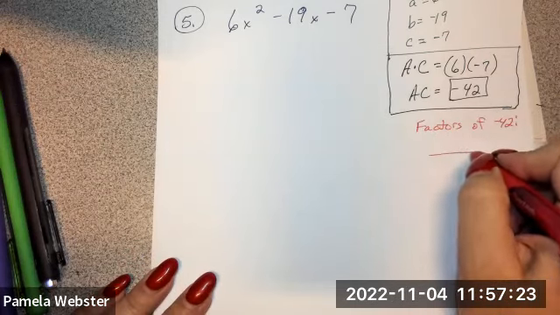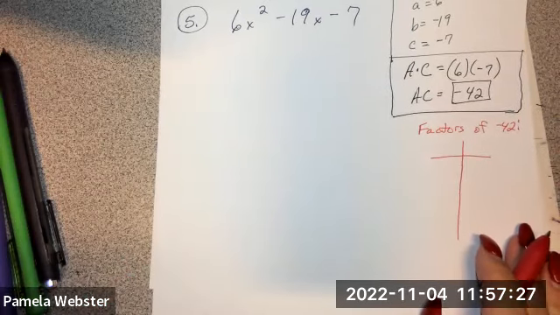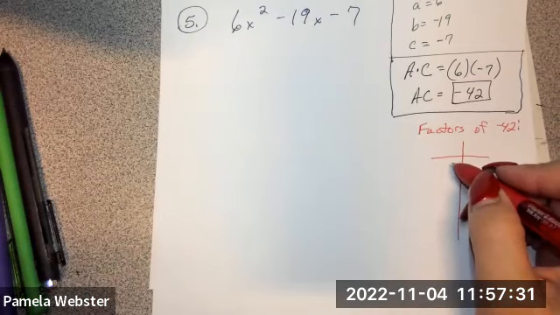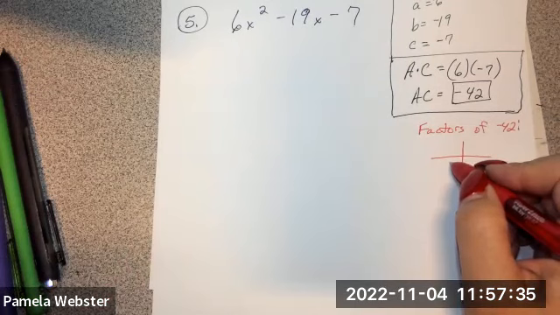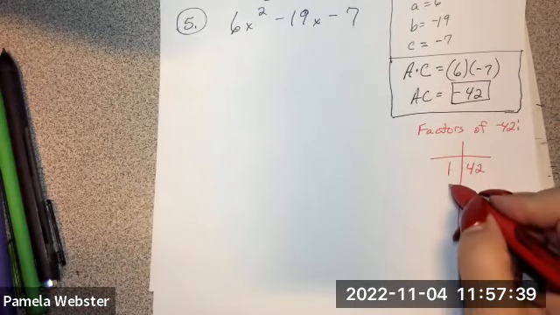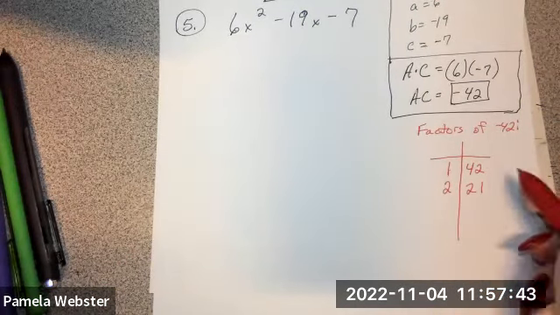And I like to do this kind of like a T-chart type thing, just so we can see what all's going on in here. So we know it could be plus or minus on any of these, right? But I'm just going to say, okay, 1 and 42, okay? And then I'm going to say, well, 42 is divisible by 2, so that's 21.